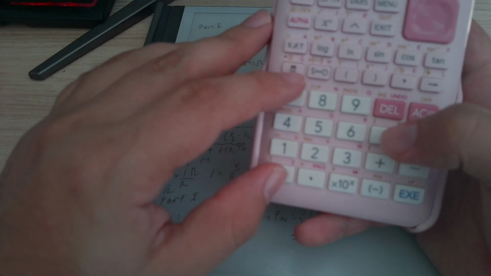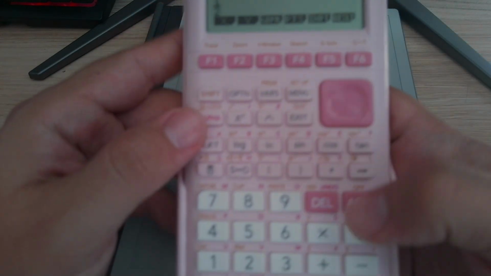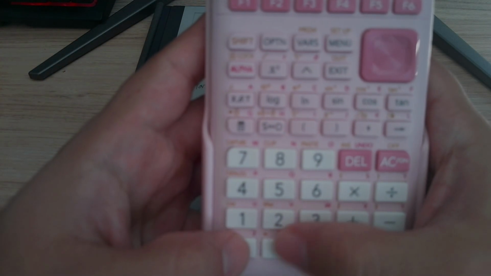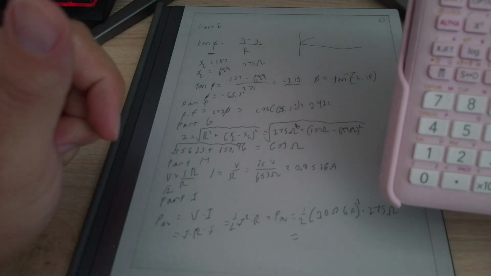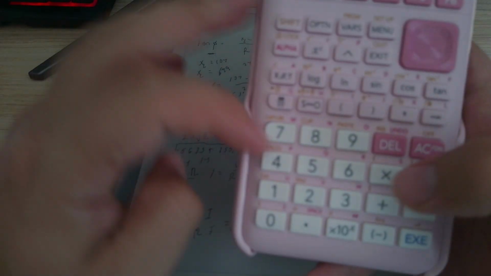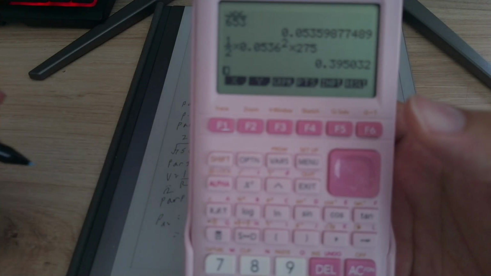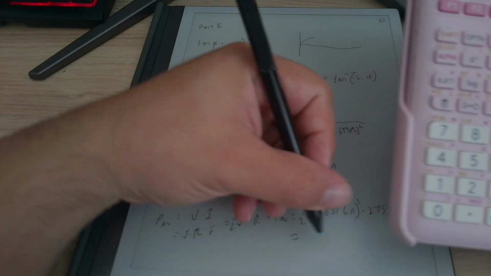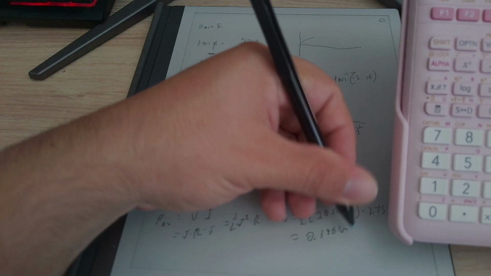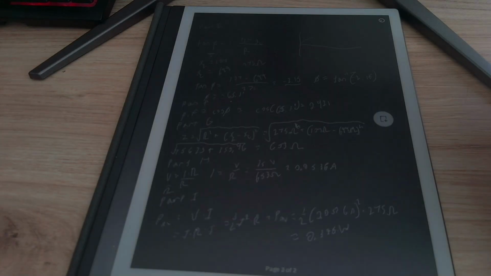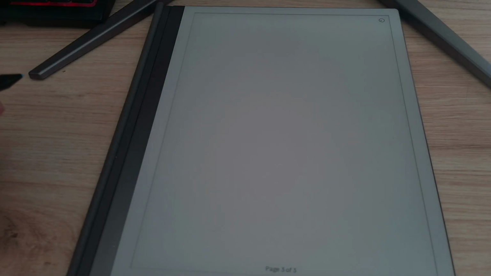So then do 1/2 times 0.0536 squared times 275. And that's going to give us our answer of 0.3395. So the average power is going to be 0.395 watts. So that's the answer for part I.